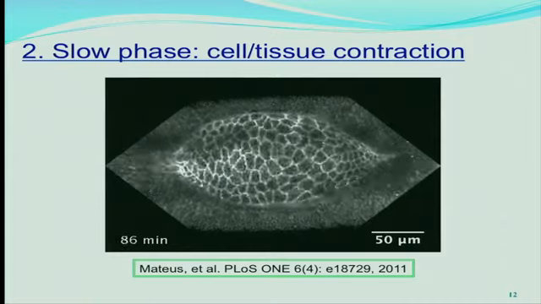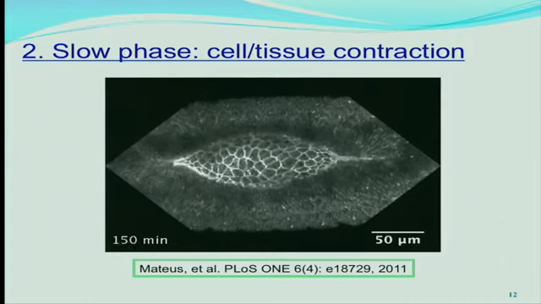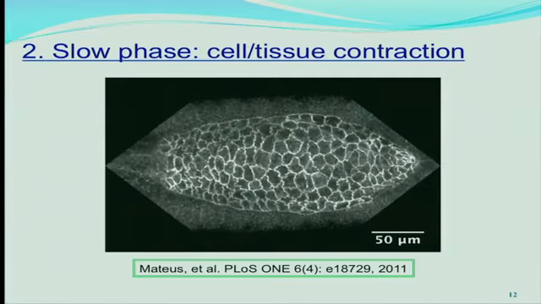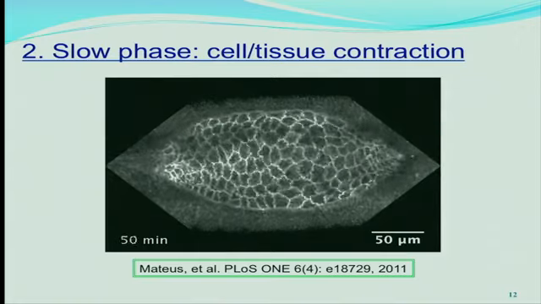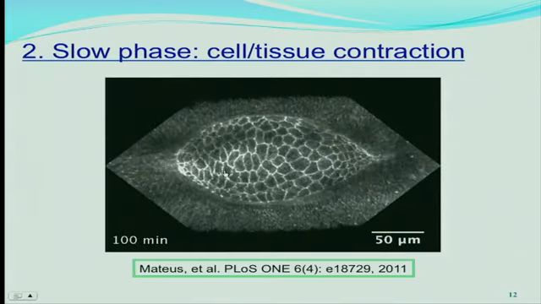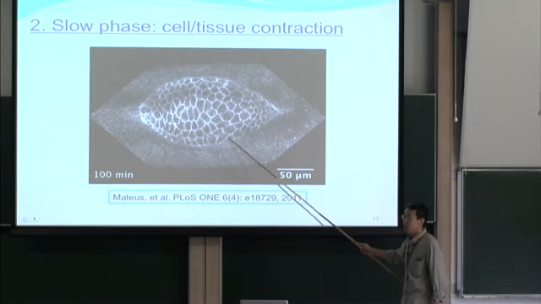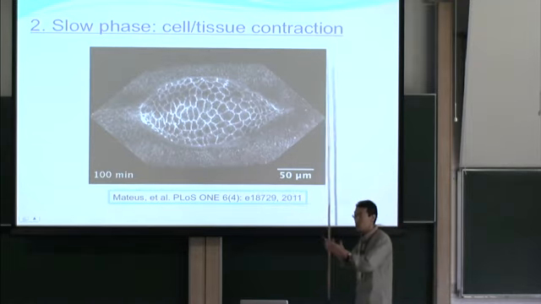Now moving on to my second stage. I showed this video to you before. Now I want you to see carefully. You will see that during this process, as the whole tissue starts to contract, individual cells would contract at the same time as the whole tissue is contracting.